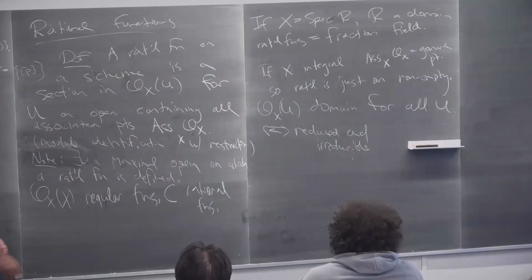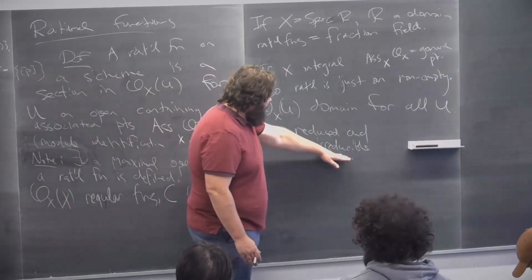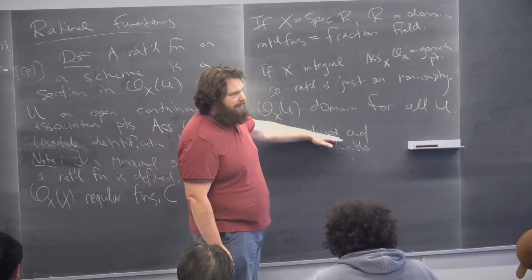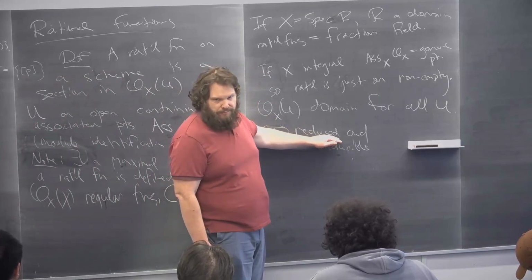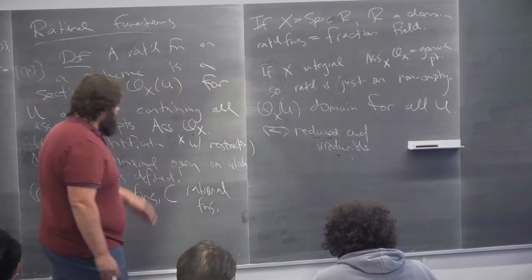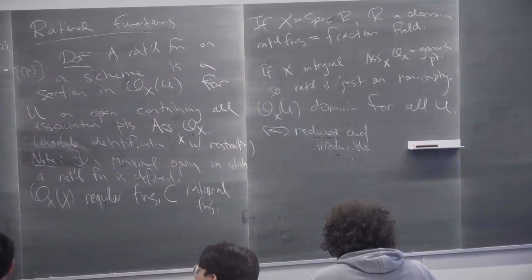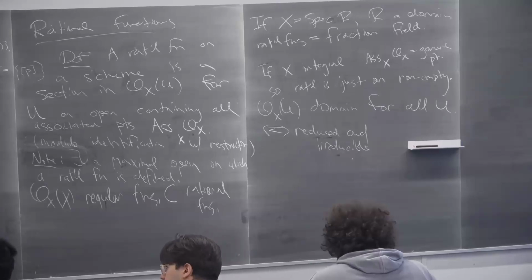So irreducible tells me that I have a unique generic point, and the reduced part tells me that I don't have any embedded primes. Yeah, right. That's the union of all the open sets on which the section is defined.